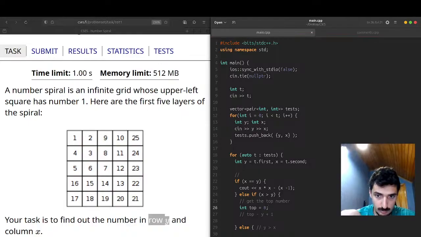Top is 0 at first. If x is an even number, now if x is an odd number, top is just x times x, right?